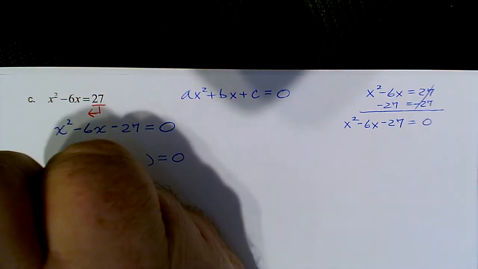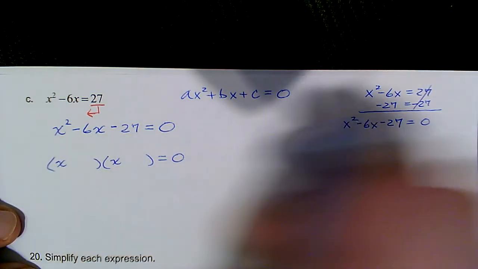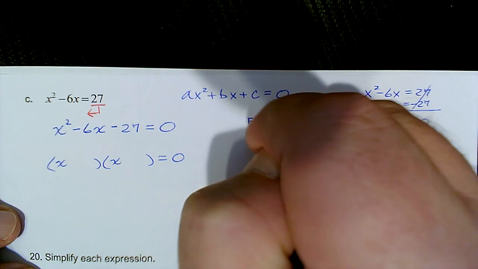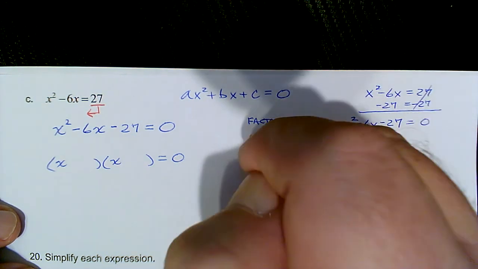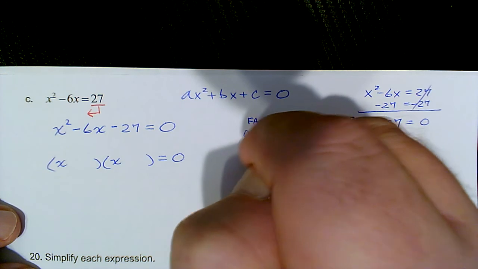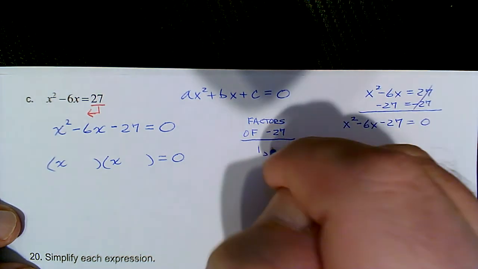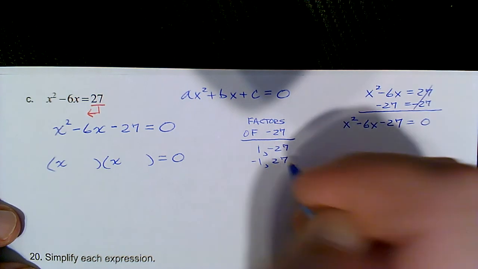So no matter how you got there at that point, do the factorization. Again, I'm making it easy so that the leading coefficient is 1, so that in the factorization, it's just an x and an x. And moreover, we could use the factoring method, where we list the factors of the constant term, in this case the negative 27. So 1 and negative 27, negative 1 and 27.